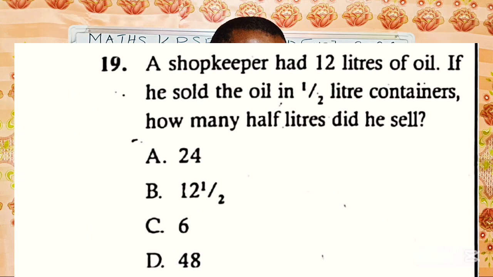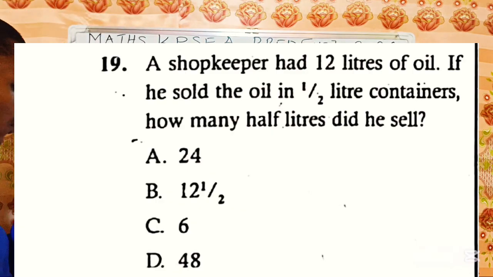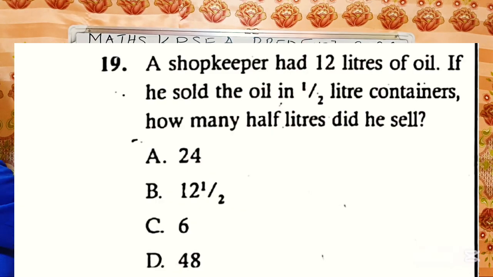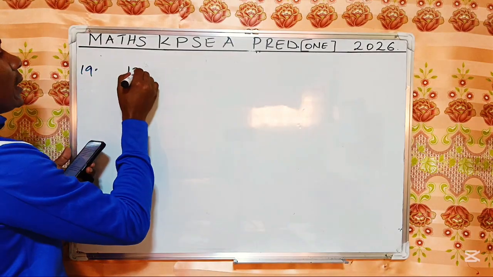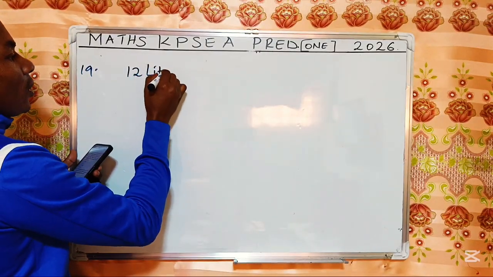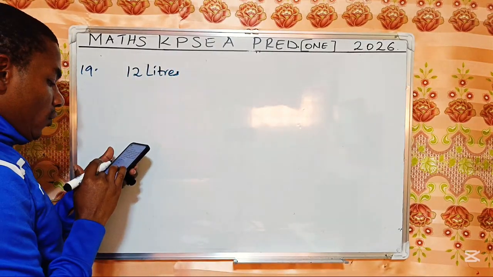A shopkeeper had 12 liters of oil. If he sold the oil in half-liter containers, how many half liters did he sell? So you come here, this is question 19. We are now working out 12 liters. So he had 12 liters of oil.